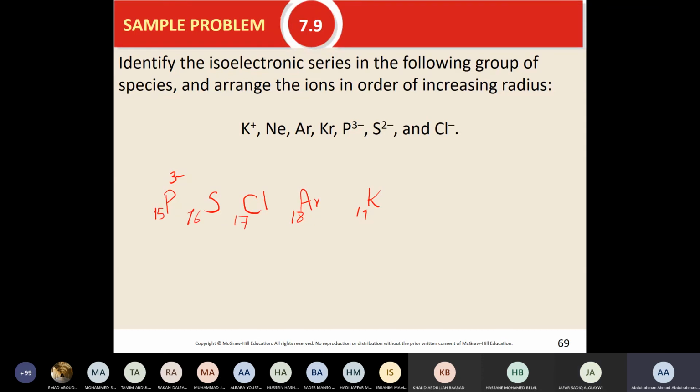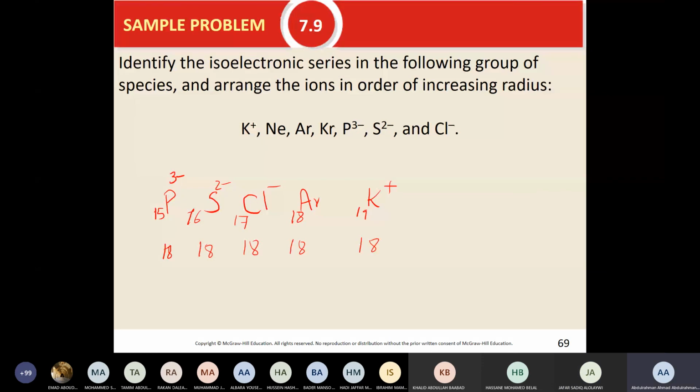Exactly. What's the number of electrons in phosphorus 3 minus? 18. How about sulfur 2 minus? 18. Chlorine minus? 18. And argon by itself? 18. How about K plus? Also 18. What do you call these ions and atoms?